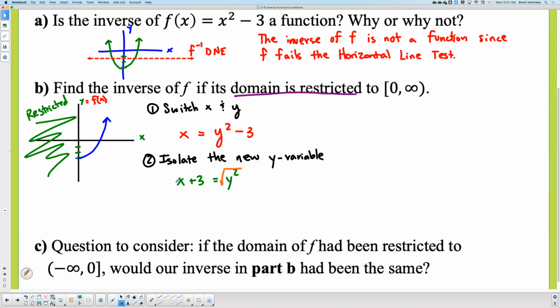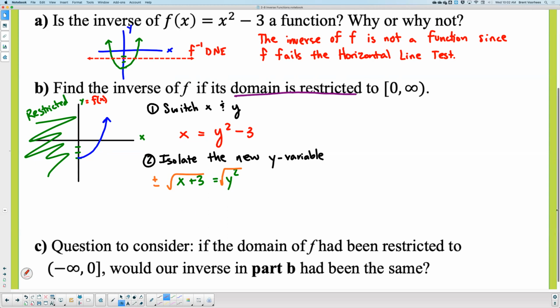Now, typically, when you take a root that's not originally there, you need a plus or minus. But let's go to the restriction. If you forgot, a square root is a half of a parabola. This graph was a full parabola, now it's only a half. Which side are we taking, the negative side or the positive side? Go ahead and make a note here.